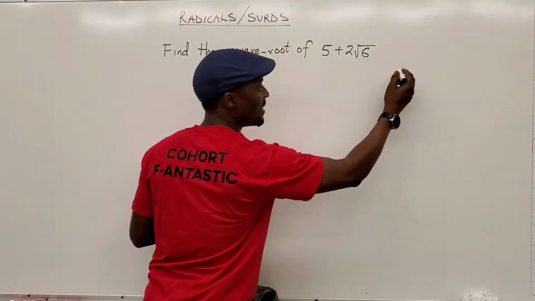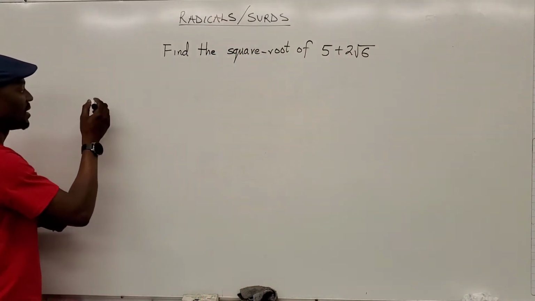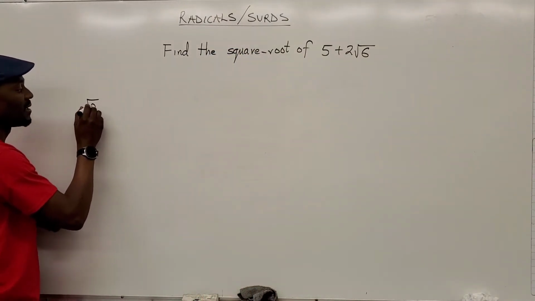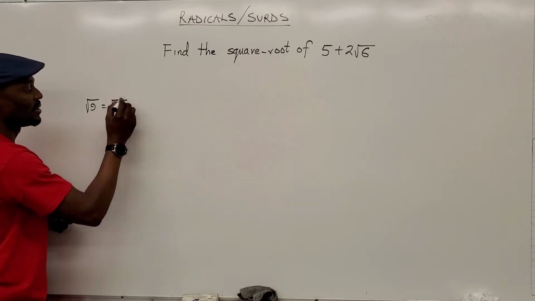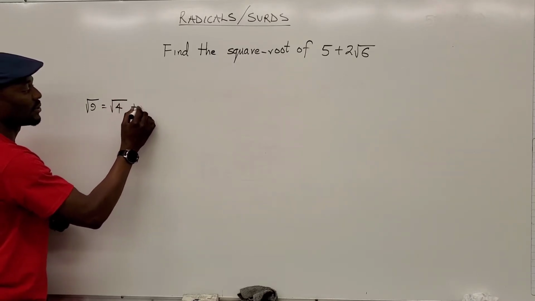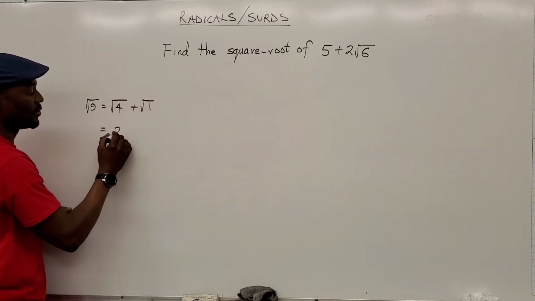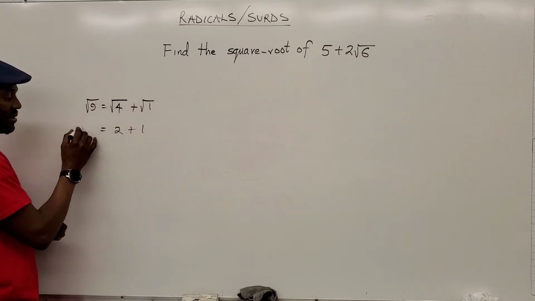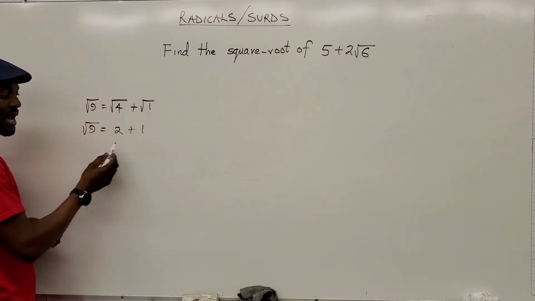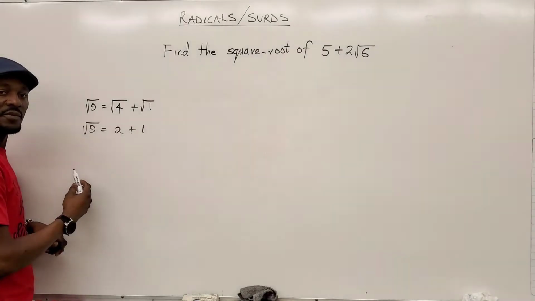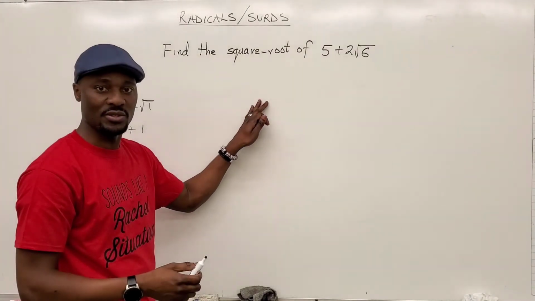Remember what I said, that the square root of 9 is equal to the square root of 4 plus the square root of 1, which is equal to 2 plus 1, which gives you 3. That makes sense. Square root of 9 is 3.